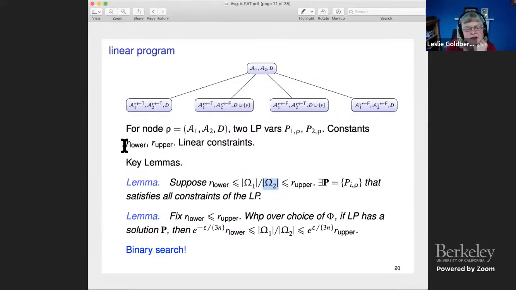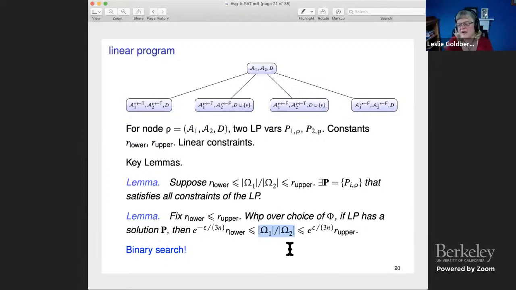If you can set the two constants in the linear program so that this ratio is between them, maybe our lower is super small and our upper is super big, then there will be a satisfying assignment of the LP that satisfies all the constraints. And the second fact is that if you get any solution to the LP between those two bounds, lower and upper, it gives you a tight bound on omega-1 and omega-2.